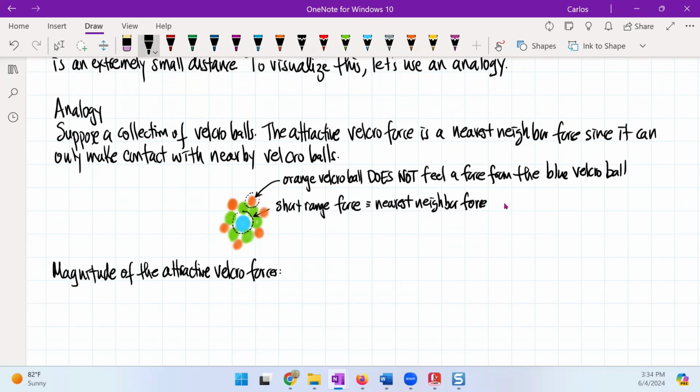I would say that the inner blue ball interacts with 6 green Velcro balls.